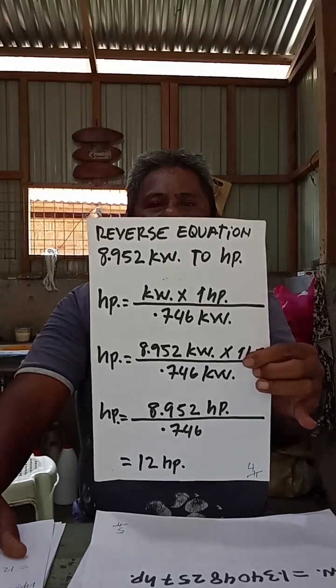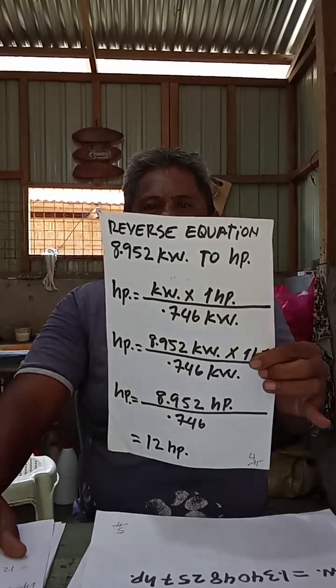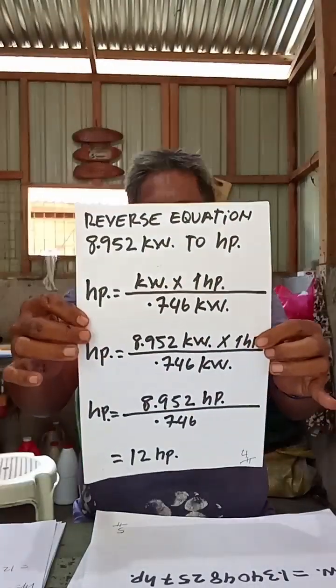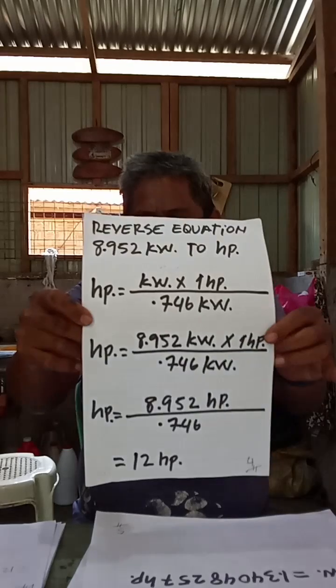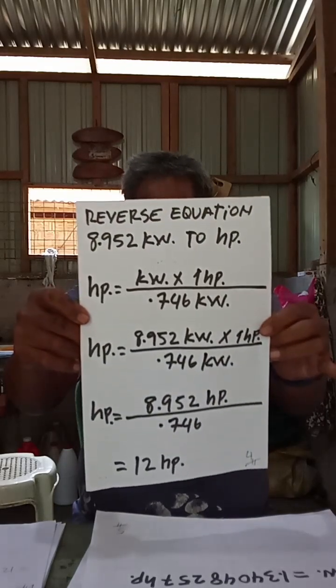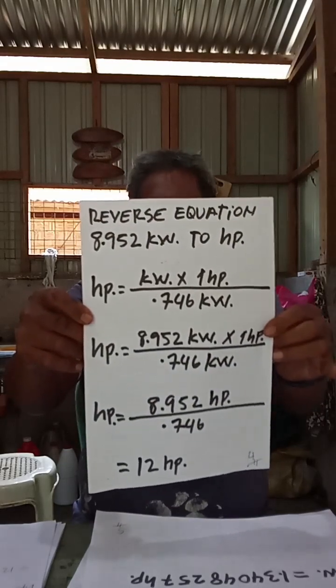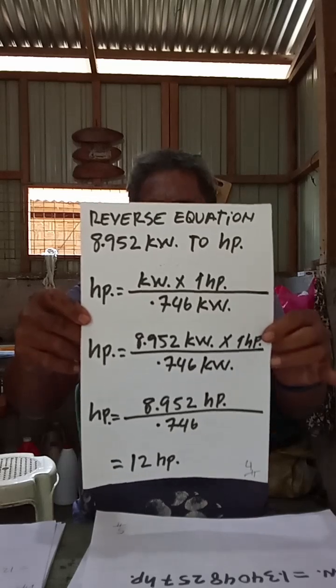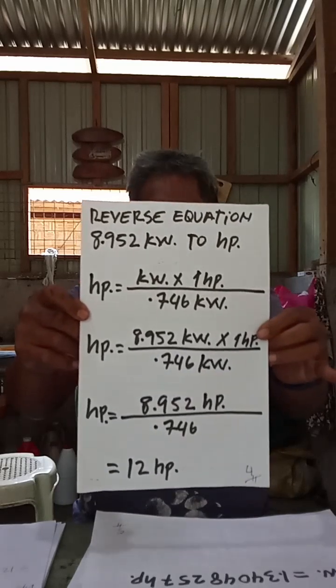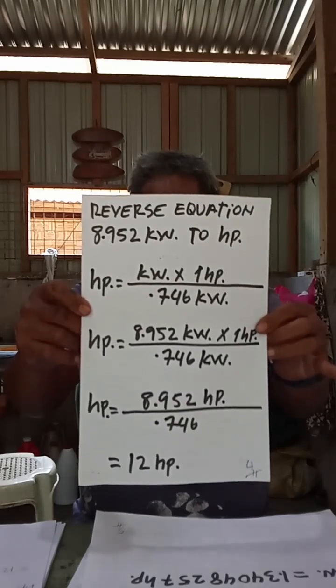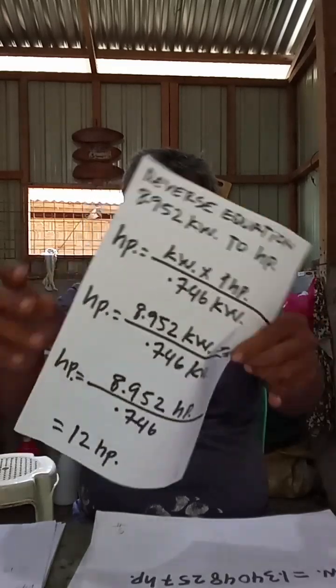So, kilowatt over kilowatt, so cancel. Tanggal ang kilowatt at maiwan ang horsepower. So, baba tayo. Horsepower, 8.952 horsepower over 0.746 is equal to 12 horsepower. So, 8.952 kilowatts is equal to 12 horsepower.